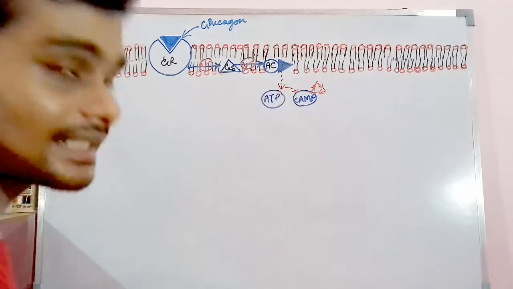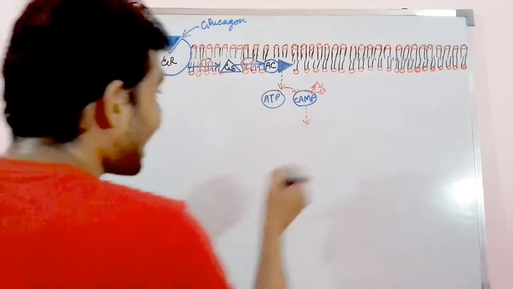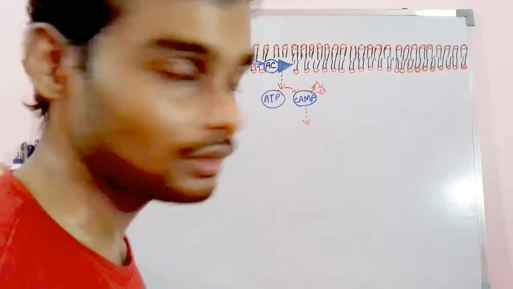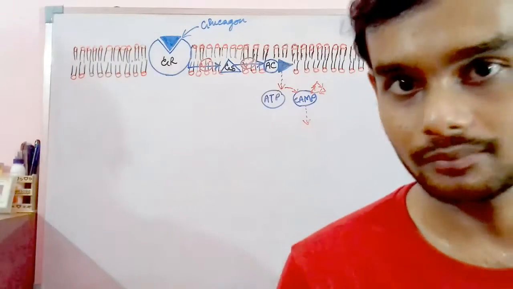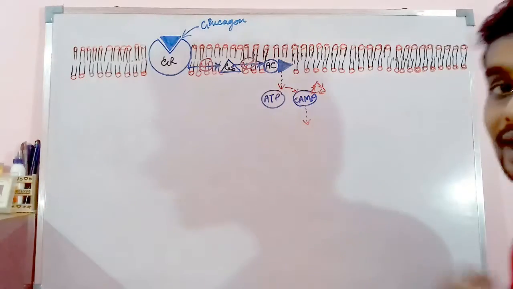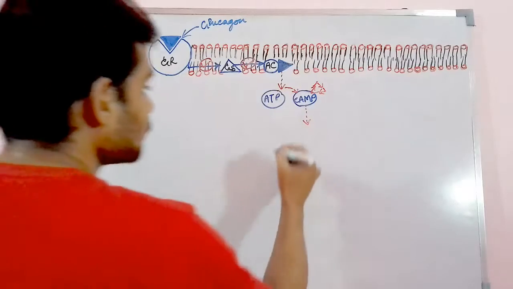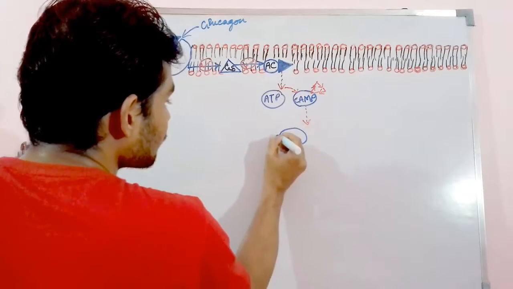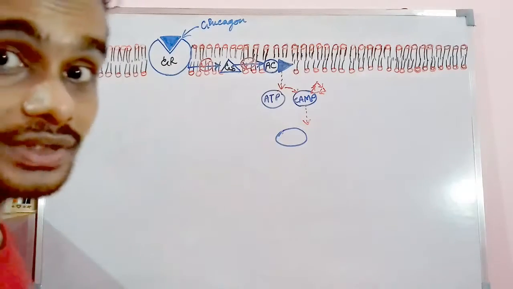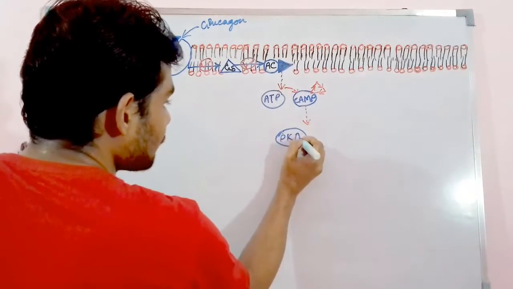Now, this activated cAMP will again help in activating another signaling molecule. The cAMP molecule is acting as the secondary messenger. The cAMP, cyclic adenosine monophosphate, will help in activating another secondary messenger, which is called protein kinase A, the PKA molecule.